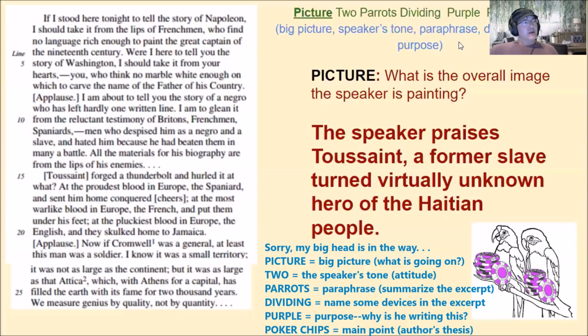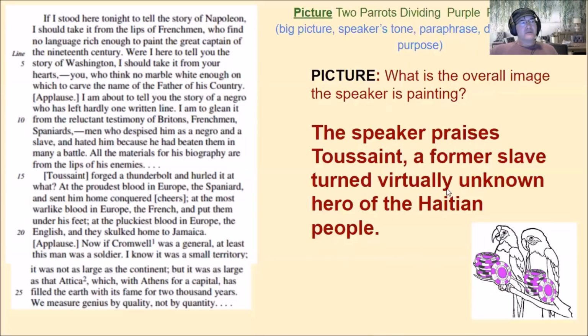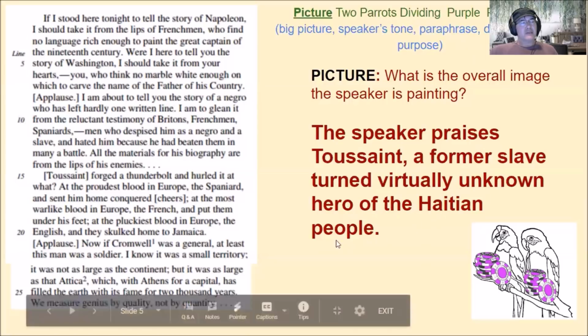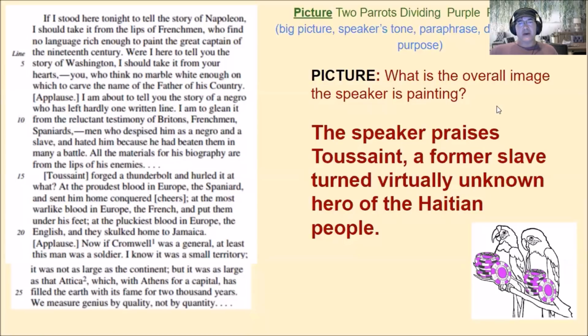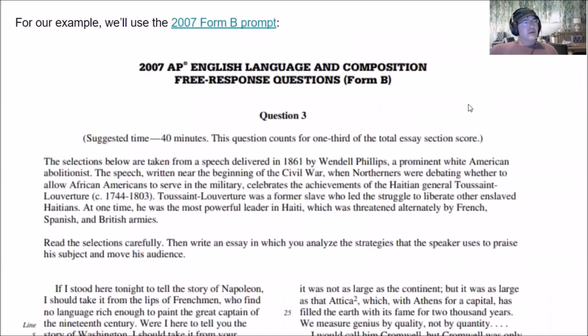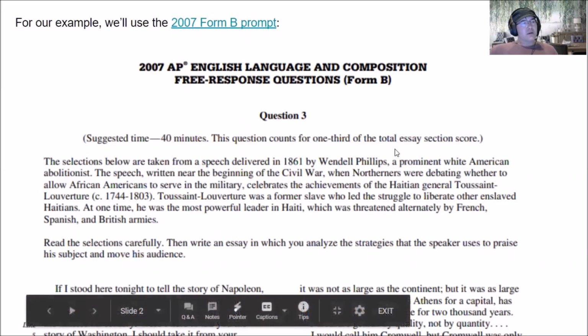So going back to this prompt, let's look at the big picture. It's the overall image the speaker is painting. In this case, I've written, the speaker praises Toussaint, a former slave turned virtually unknown hero of the Haitian people. You could be more specific than that. And you do find a lot of good information for the big picture right here in this opening information.